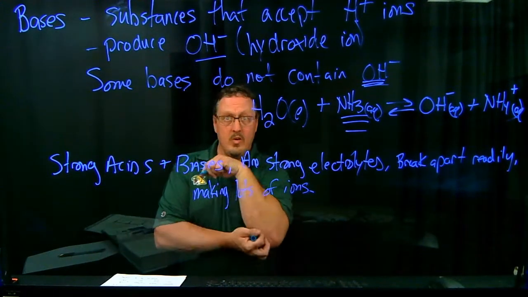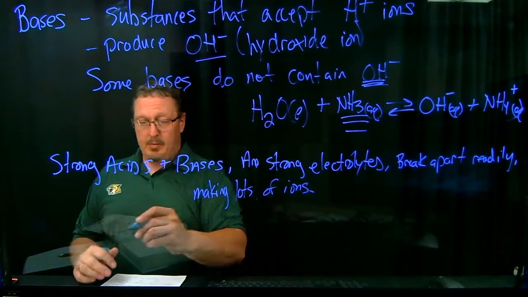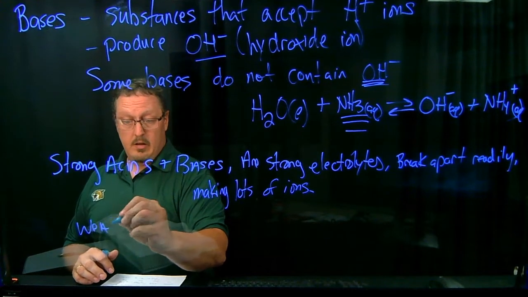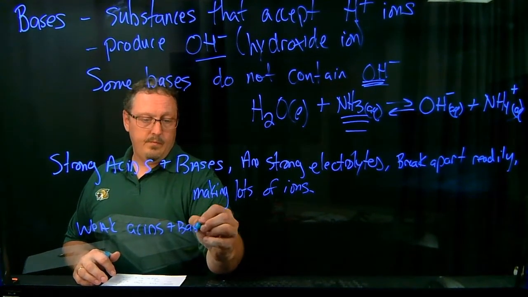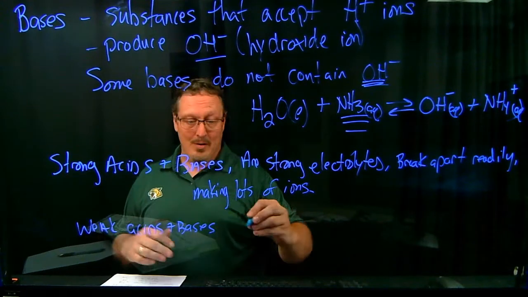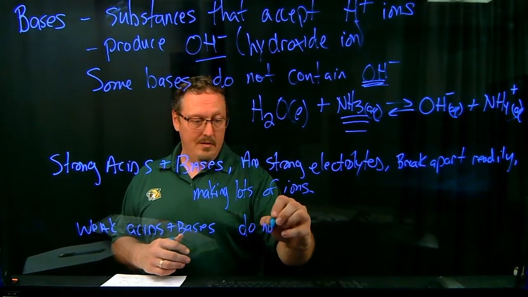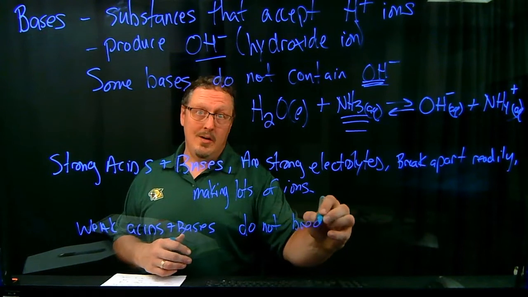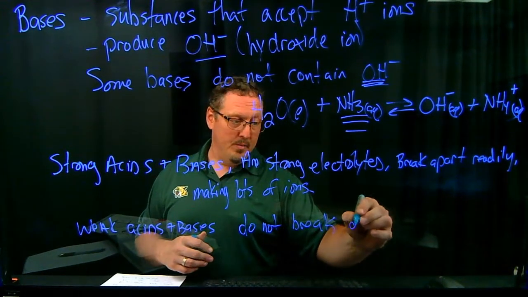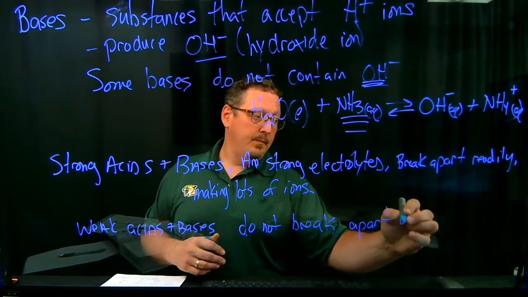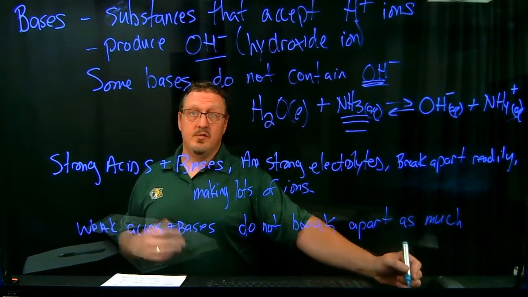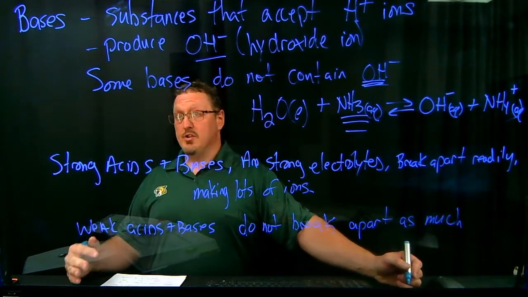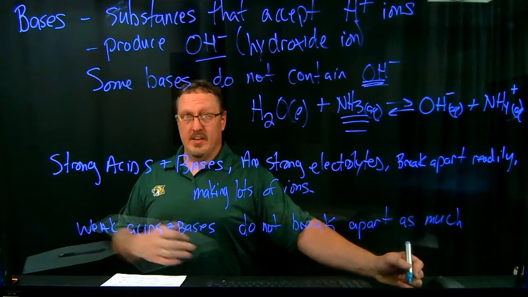Now, a weak acid and a weak base do not break apart as readily. Because they don't break apart as much, they have fewer ions in solution, and so they have a lower concentration of the things that make them acidic or basic in solution.